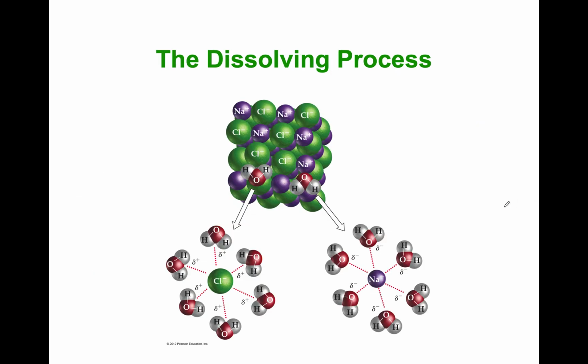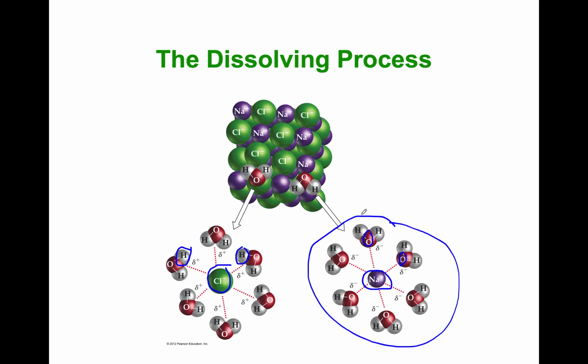So as you can imagine, with a large amount of the salt, sodium chloride, the water is attracted to it. You can see the oxygens, the partial negatives, are all facing the positive charge of sodium. And over here it's the opposite. It's the hydrogens that are facing inside towards the negative chloride.